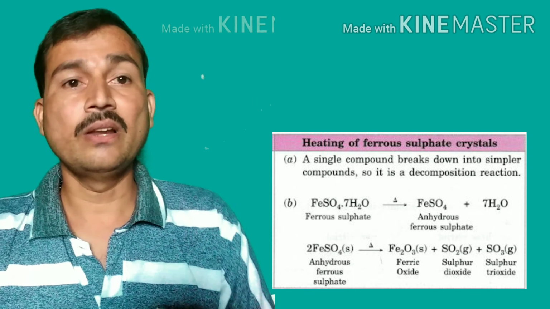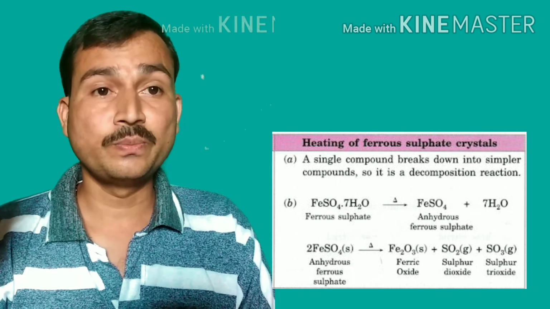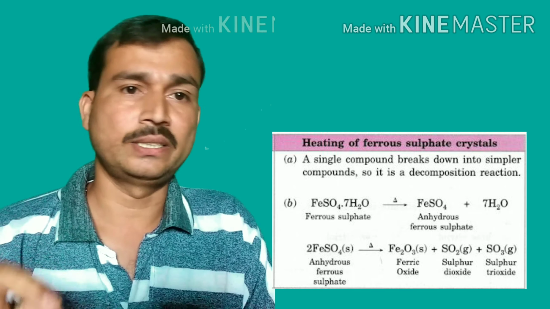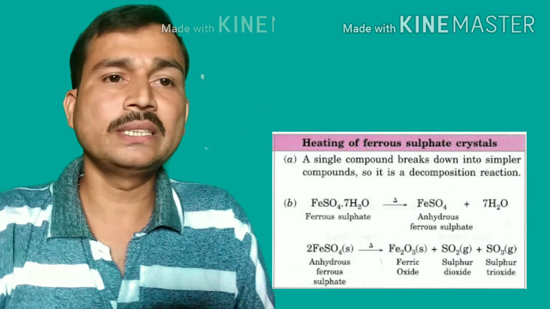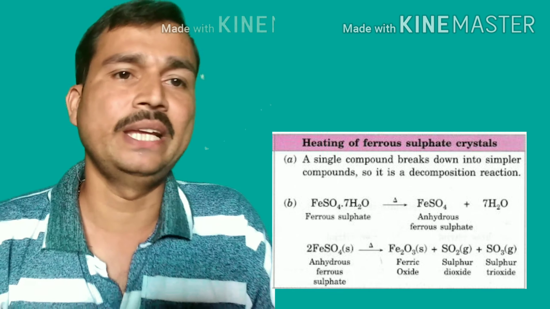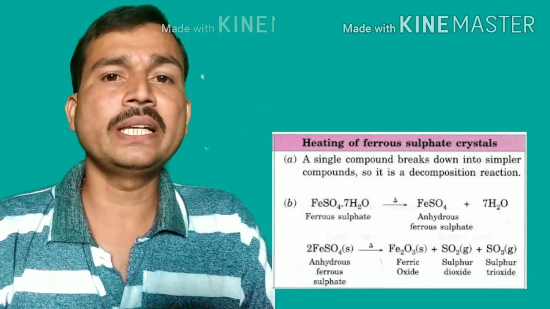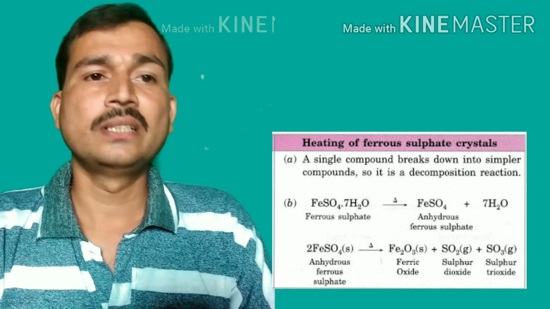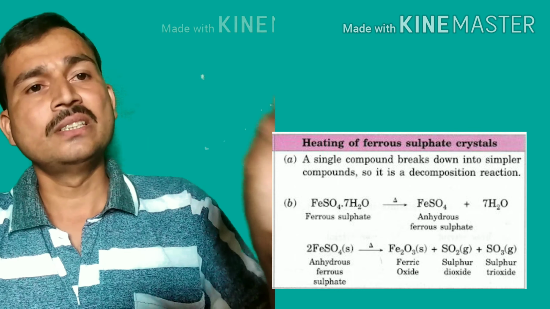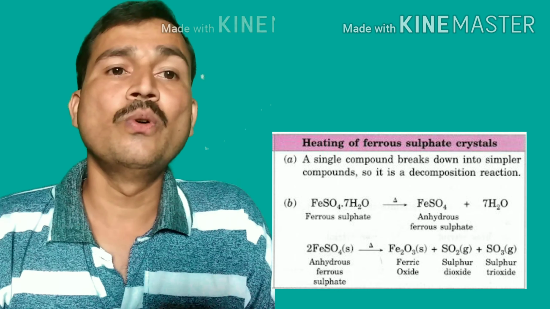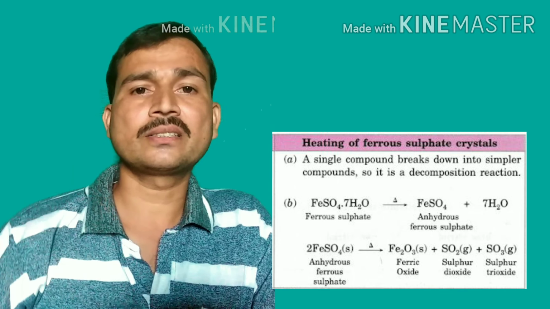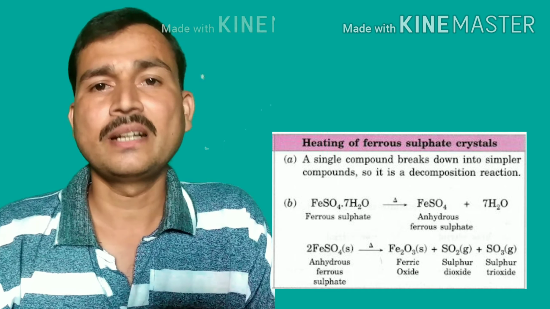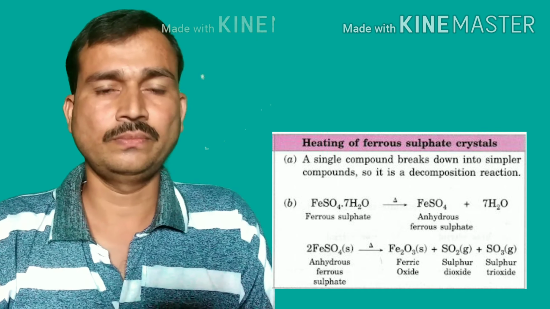Then we feel an odor, a smell like a rotten egg. What happens exactly in this activity is, when ferrous sulfate is heated, it loses its water first, then it starts turning from green to the brown color of ferric oxide, along with liberation of gaseous sulfur dioxide and sulfur trioxide.